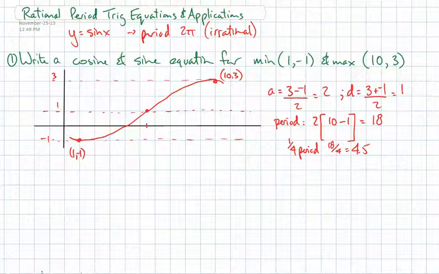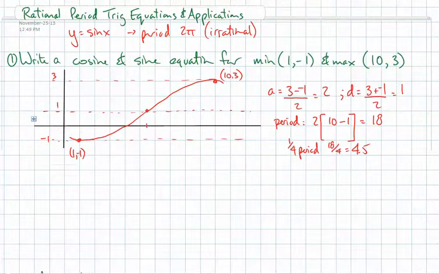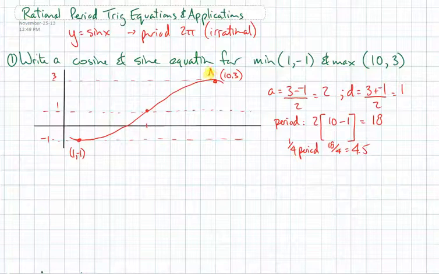All right. So if I were going to do a cosine equation, I would refer to point A, because that's the max value. I would write the amplitude of 2, cosine, and I need to figure out the period. It's 18, so I'm going to write 2 pi divided by 18.